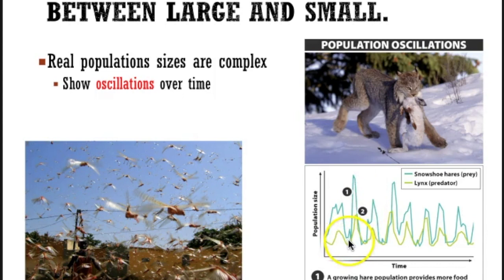Which means that the lynx population then starts to rebound, and now they get so high that they're eating so many snowshoe hares that that population crashes, which causes the lynx population to crash.